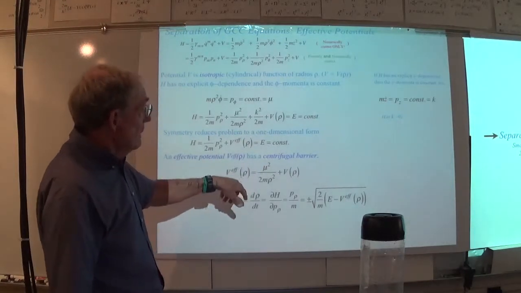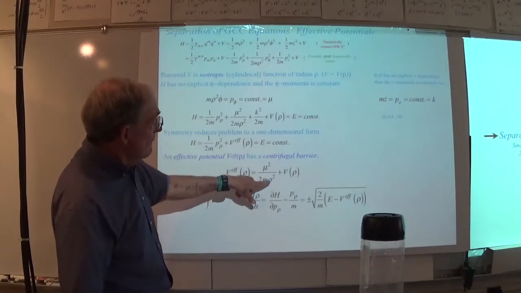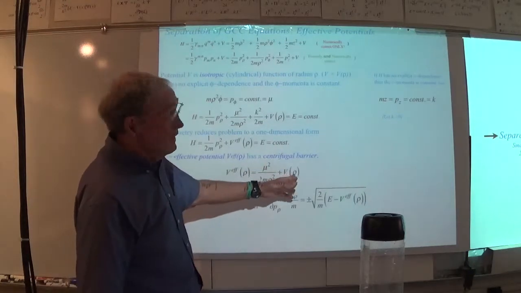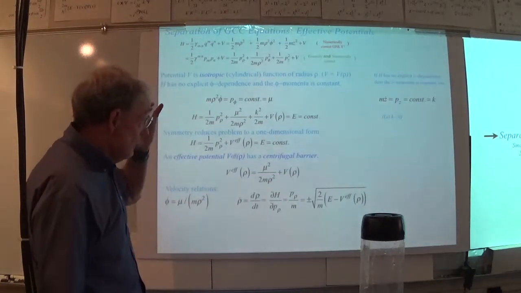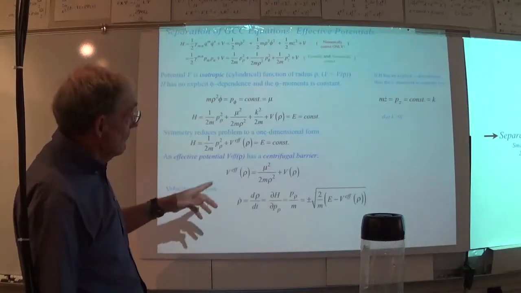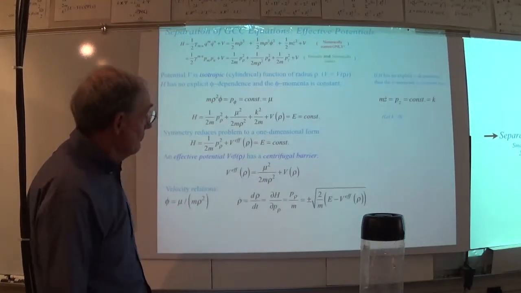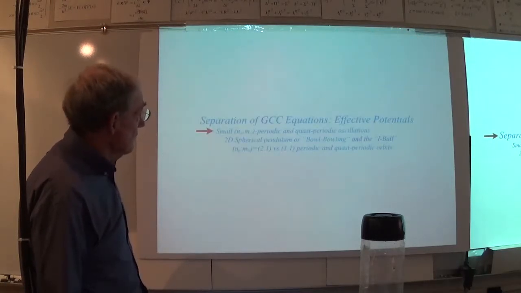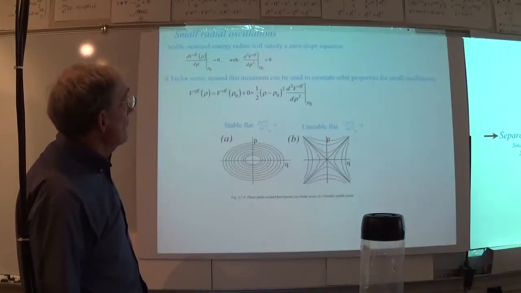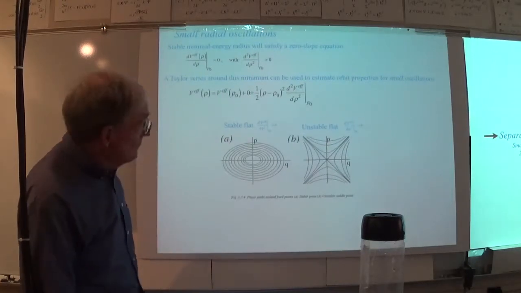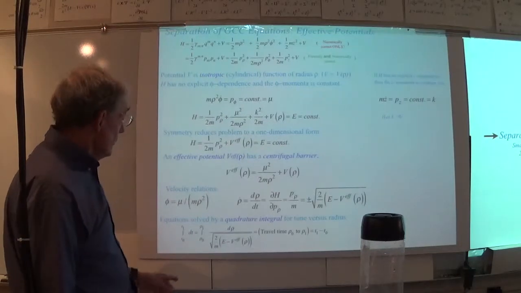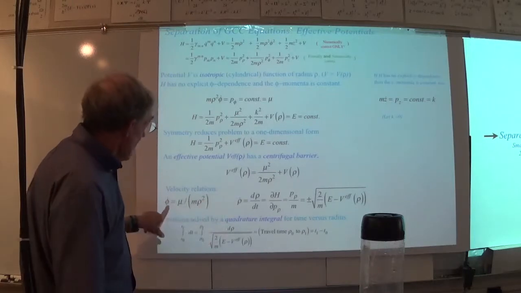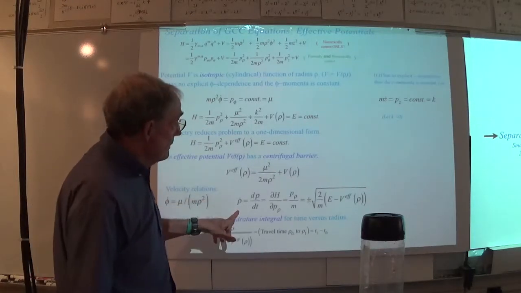Remember the angular momentum squared over 2m radius squared, and then plus whatever else nature provides as a function of rho that you might also have. But we already get enough interesting physics just from the one of those. But if you put some gravity on it, that's a hard thing. Now, I should point out that what we're interested in when we do this, usually, is an expression that gives us the rho dot and the phi dot just in terms of something that's constant.